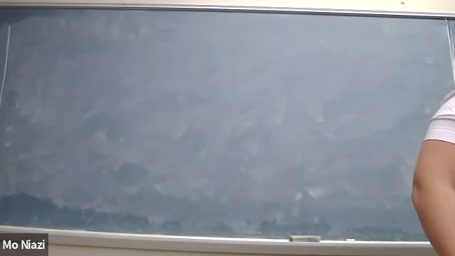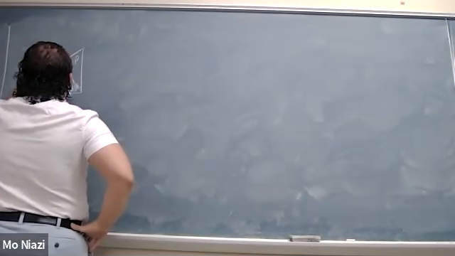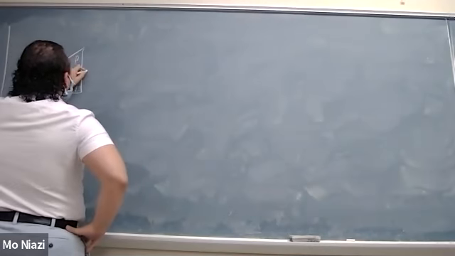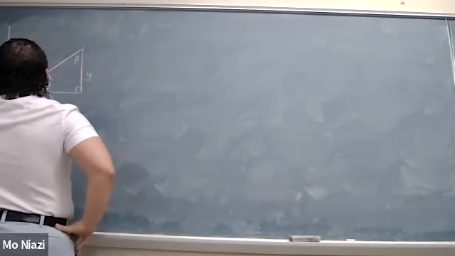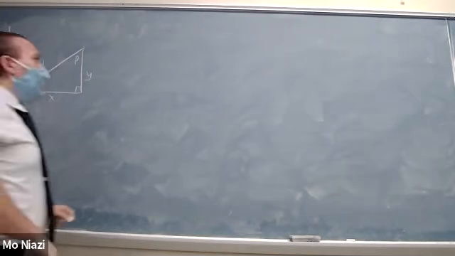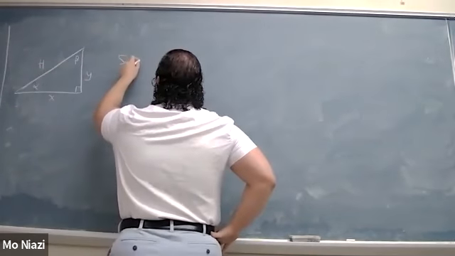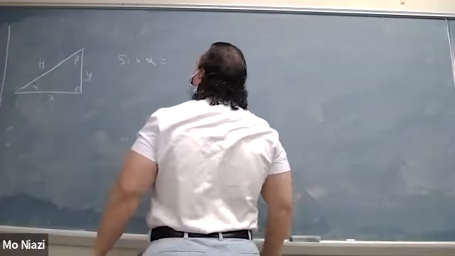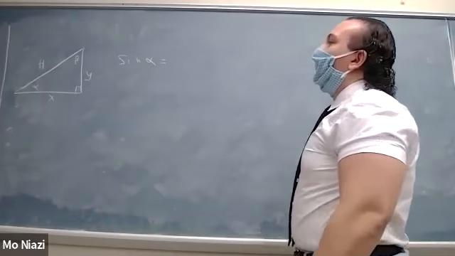So let's say we got a right triangle. Let's call this alpha, call this beta, call this x, call this y, call this h for hypotenuse. Okay. What is the sine of alpha? Yes.